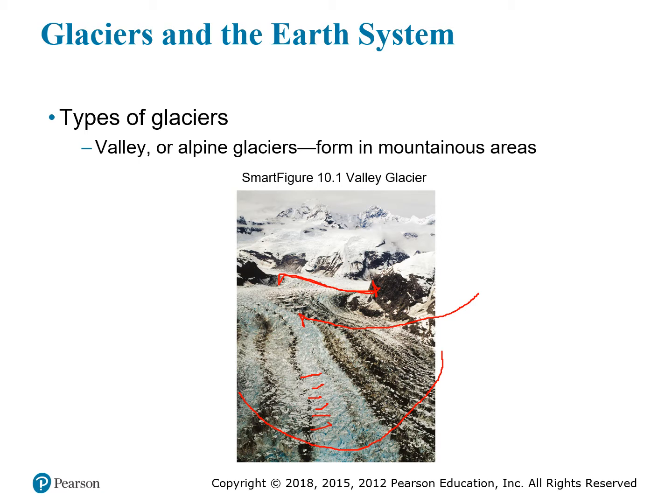So those are valley or alpine glaciers. There can be a number of different valley or alpine glaciers coming away from a mountain, or they converge on one another, but they're strictly confined to those mountainous areas.